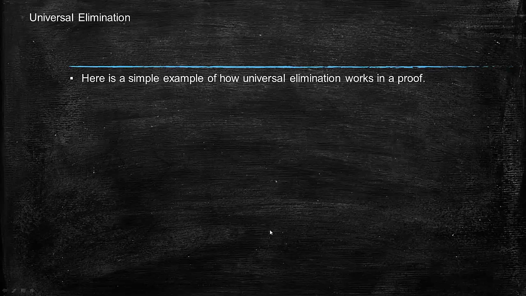So let's look at a simple example of how universal elimination works in a proof. So let's try to prove this. We have for all x, Fx as an assumption, and for all x, if Fx then Gx as an assumption. And we're supposed to prove Ga.